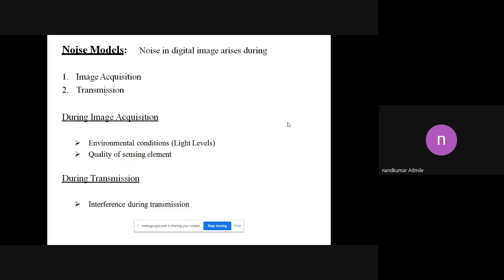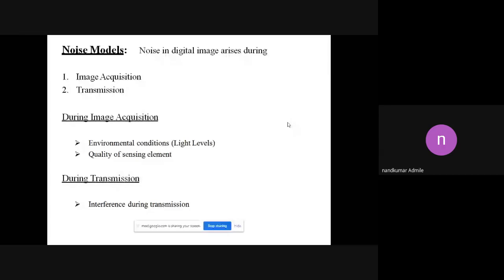Basically, image acquisition means the process of acquiring the image. That means we capture an image. For example, we can capture an image by using our mobile camera. The process of capturing or acquiring an image is called image acquisition.